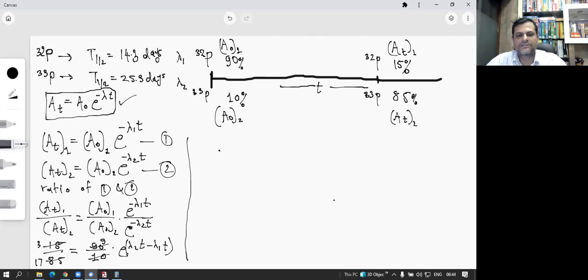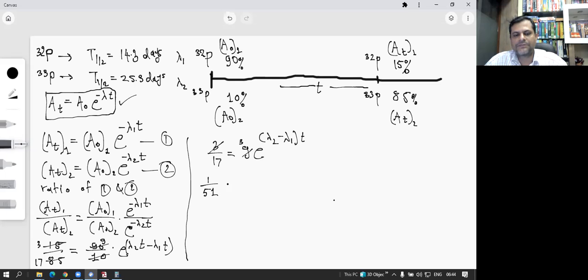So in the next step we get 3 by 17 equal to 9 into e raised to lambda 2 minus lambda 1 into t. Then we bring this to the denominator, so we get 9; we can cancel this 3 with 9, so that 3 is left here, and this 3 can also be taken to the denominator to get 1 upon 51.